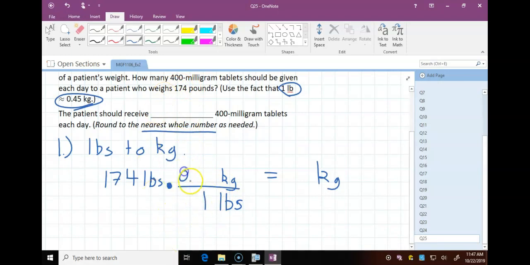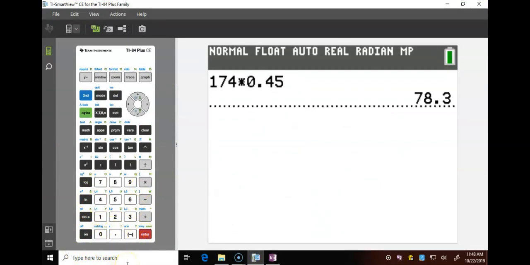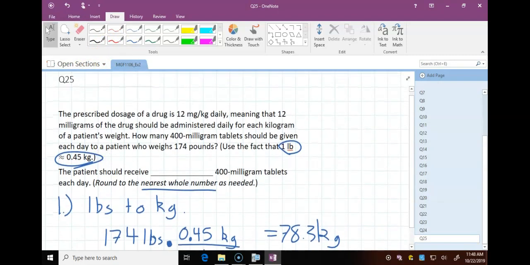We put the 0.45 up here in kilograms because that's how the fraction is set up. So we just need to multiply. So we go to our calculator. We got 174 times 0.45. And that gives us 78.3 kilograms. So that's how much our patient weighs.